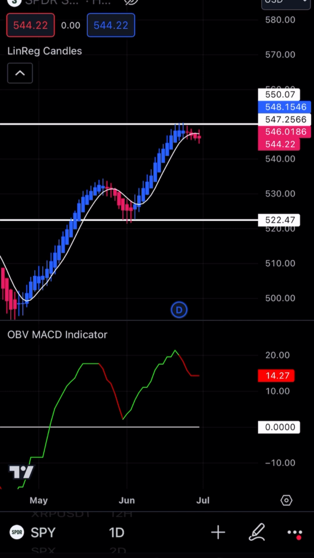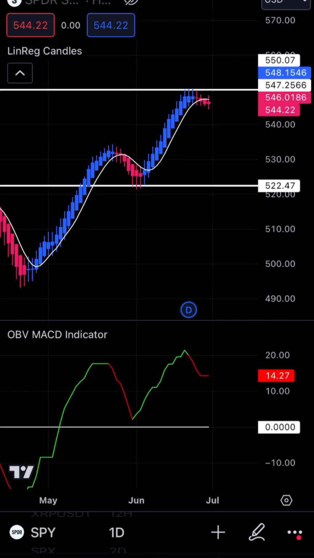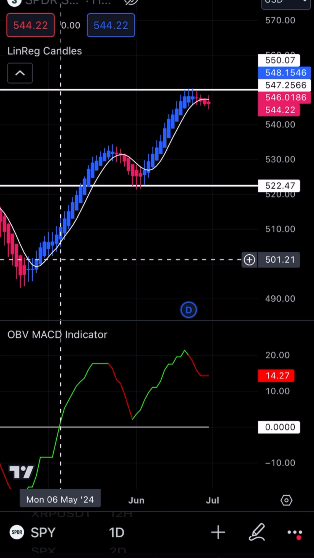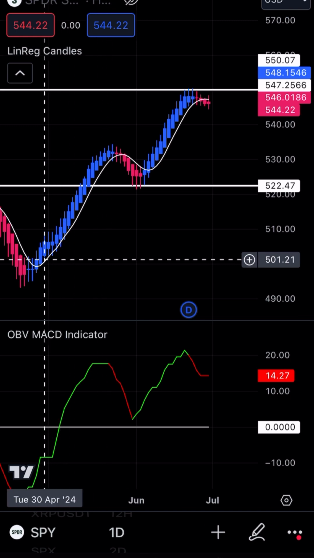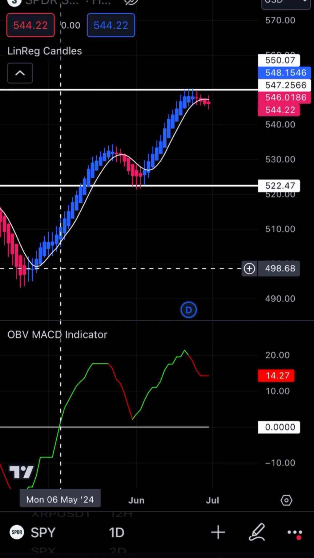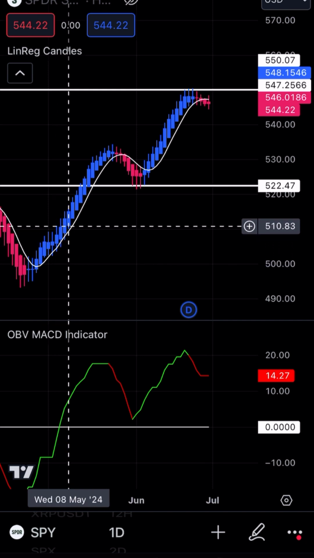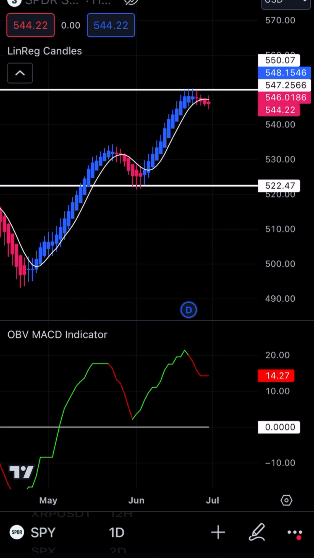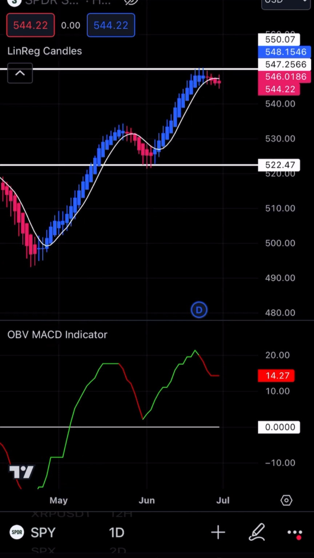So the strategy is very simple. What you want to focus on really is you want to find moments where both of these are matching each other. So you want to find the line crossing either up or down on the zero line. So basically, every moment that it's crossing either up or down on the zero line, it also has to be crossing in that direction on the linear line.